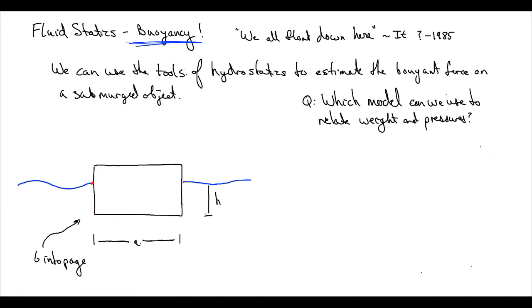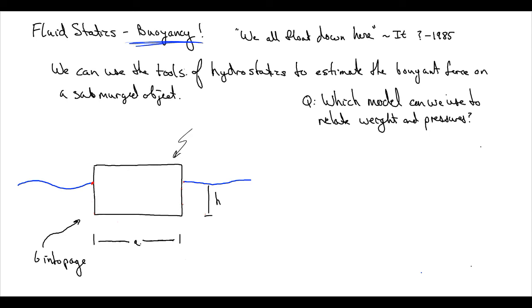Okay, so we want to figure out what the buoyant force is on this object here, this hollow rectangle with some weight m, and we want to know which model we can use to relate the weight and the pressures. So we need a model that relates forces to other forces.